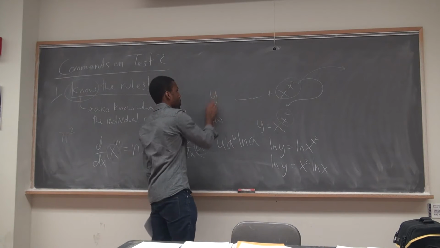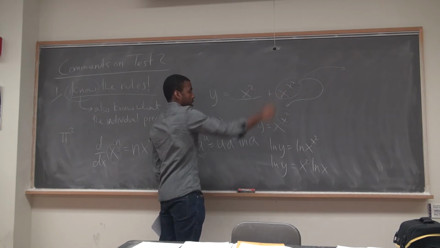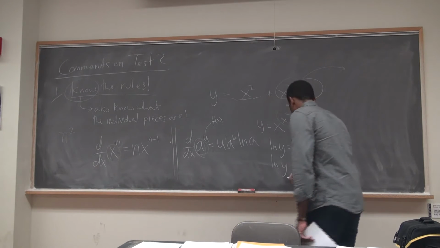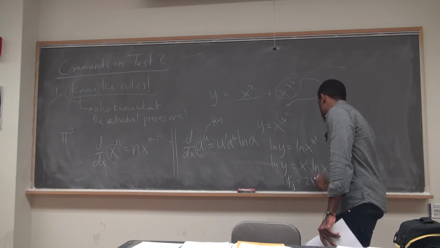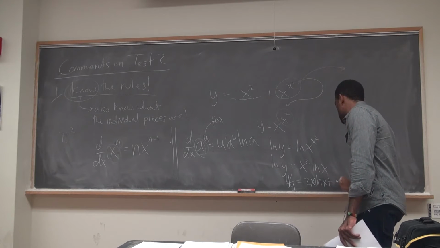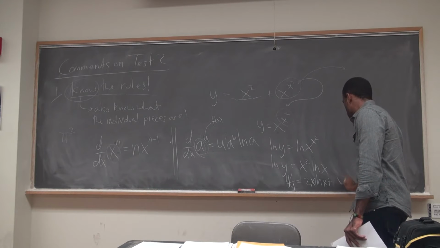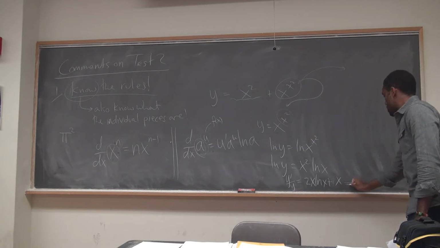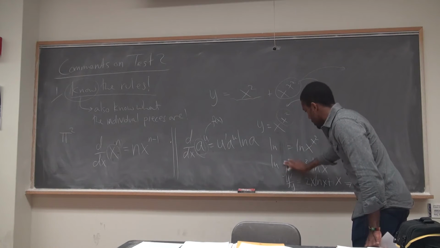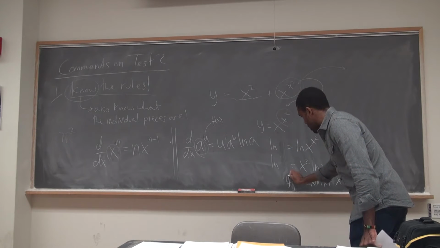Yeah, so my whole function was x squared plus that. Then here I'm going to differentiate this. This would give me y prime over y is equal to, I do the product rule, I would get 2x ln x plus x. And so, call this something else, call this a g or something, so I don't mix it up with my y.